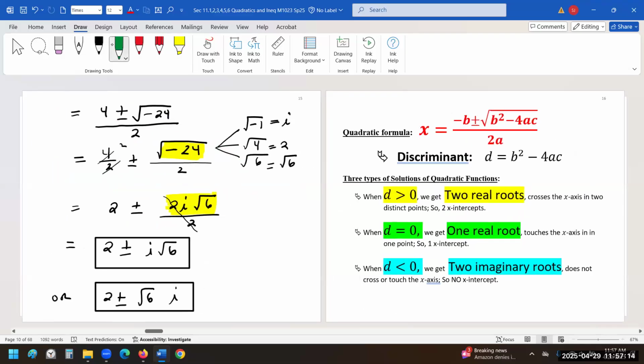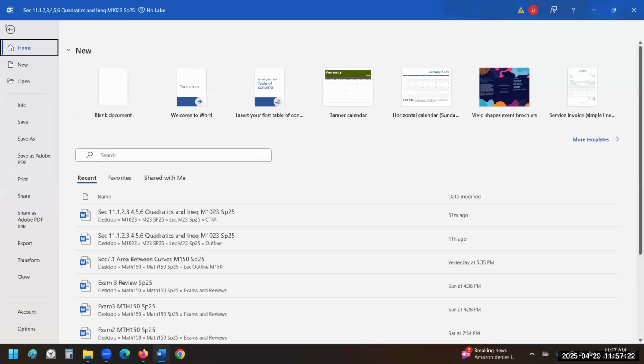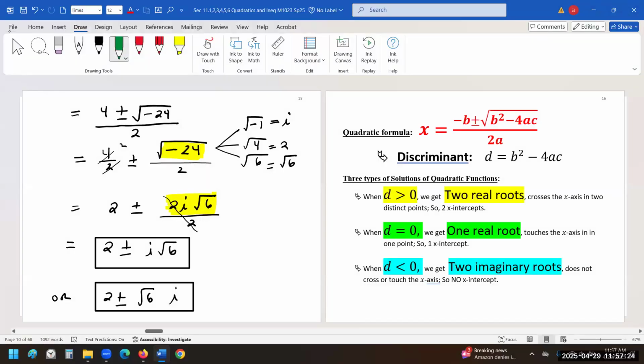Now, the quadratic formula, we love it for another reason. Let's say you don't have time, for any reason, but you want to know how many solutions you're going to get for your quadratic equation.